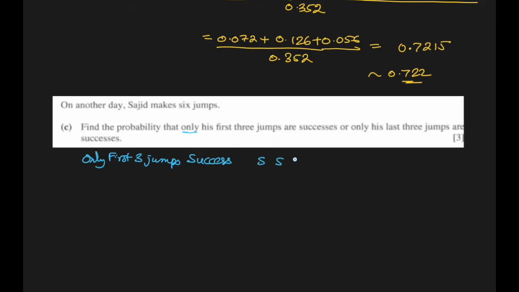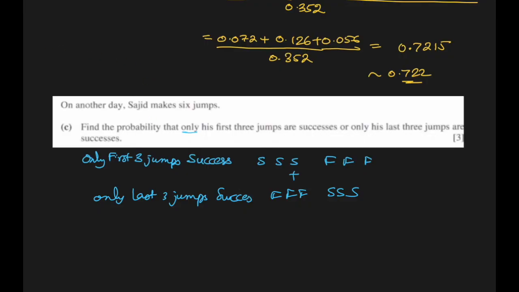So success, success, success, failure, failure, failure, or plus only his last 3 jumps are successes: failure, failure, failure, success, success, success. Okay, so we have a clearer picture now.